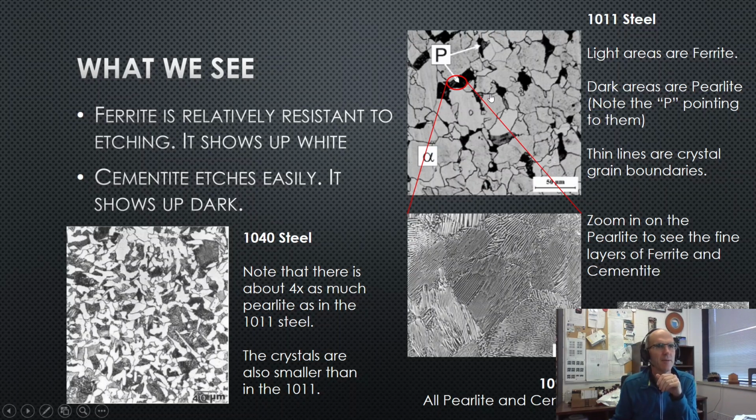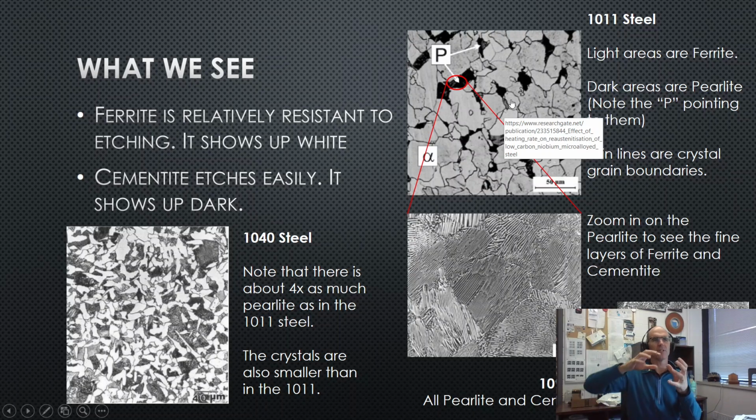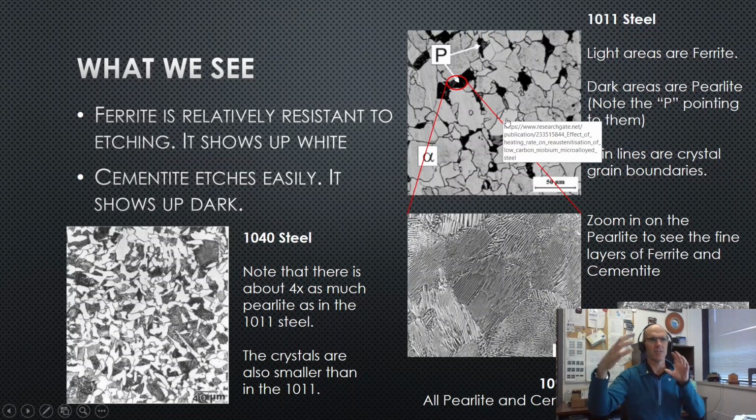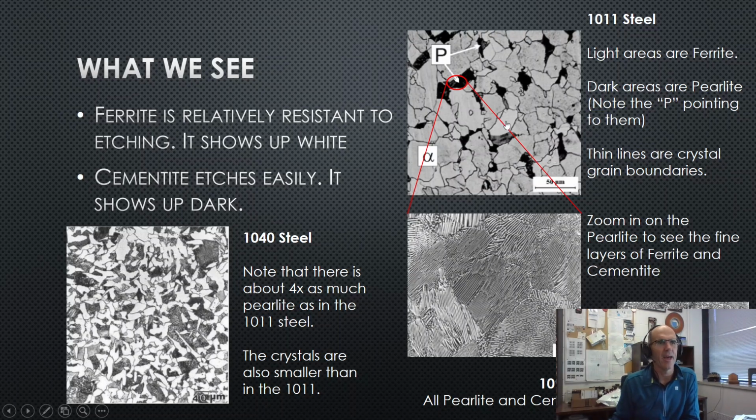Where you see some different crystal sizes like this, it looks like a small crystal right in here. Well, it's quite possible that that's part of a crystal that's oriented vertically in and out of the page. And it's just as big as a crystal like this, but this crystal is oriented horizontally along the page, so that we see more of this crystal just because of the angle that we've cut everything at.